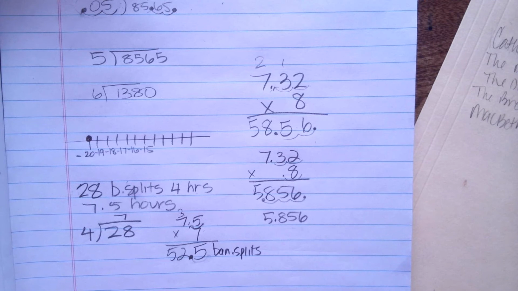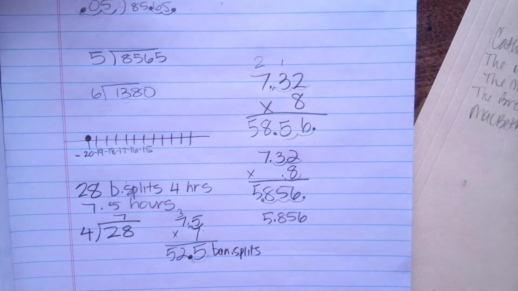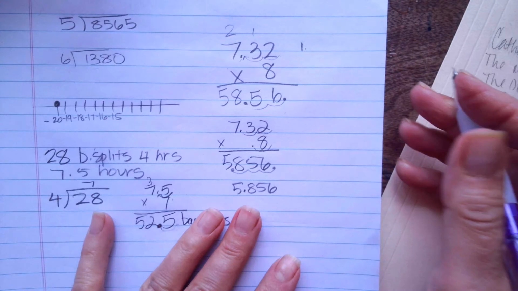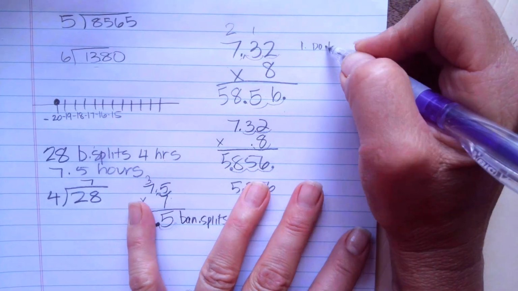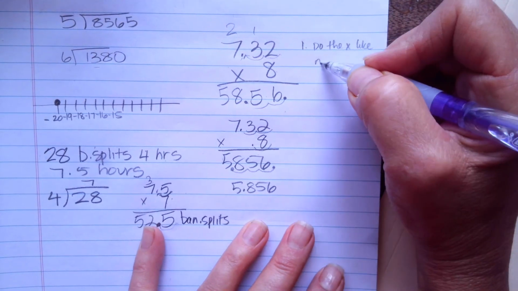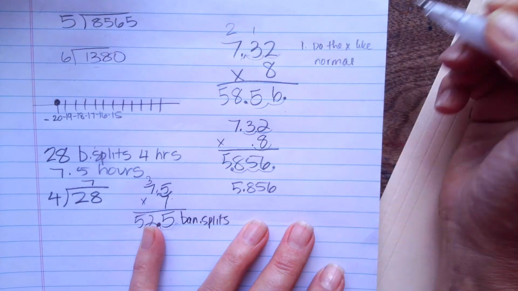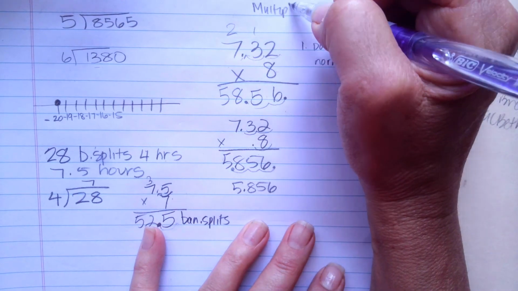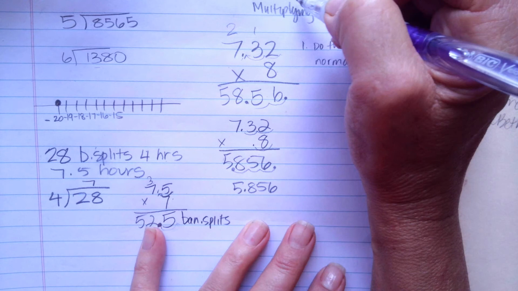That makes sense. Okay, so I want you to write this down. So step 1 is to do the multiplication like normal. And we're going to call this multiplying decimals.